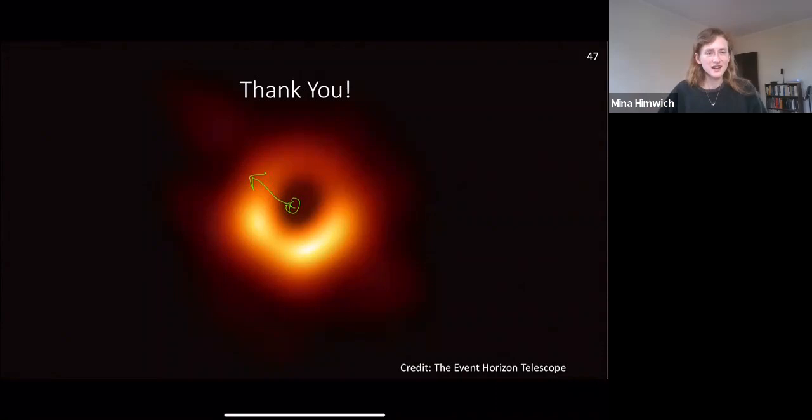To get accurate pictures of Sagittarius A star, which is moving on a faster time scale, we'll need higher resolution, and that's being actively worked on. But Sagittarius A star and M87 are the two primary black holes that are close enough to see reasonably with an Earth-sized dish. I should know it, but I don't have on top of my head the size of the next biggest one.